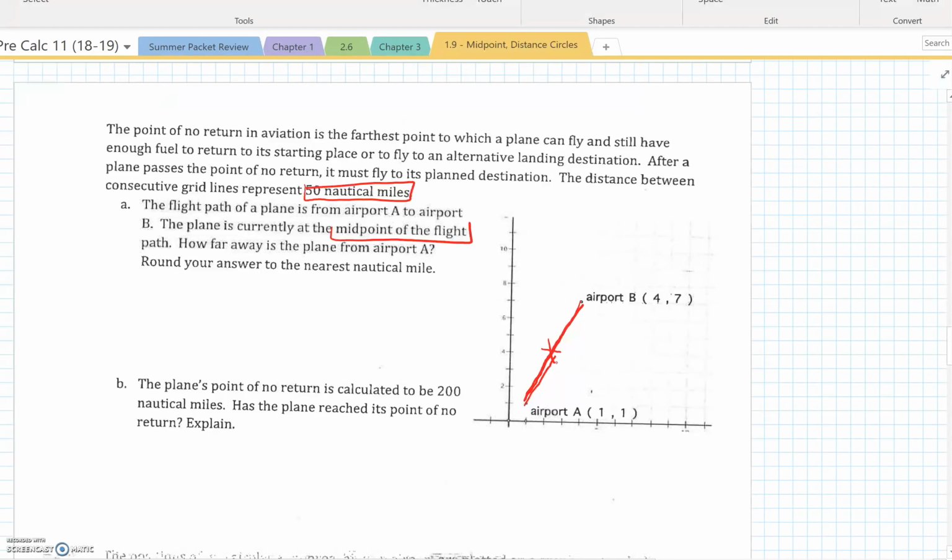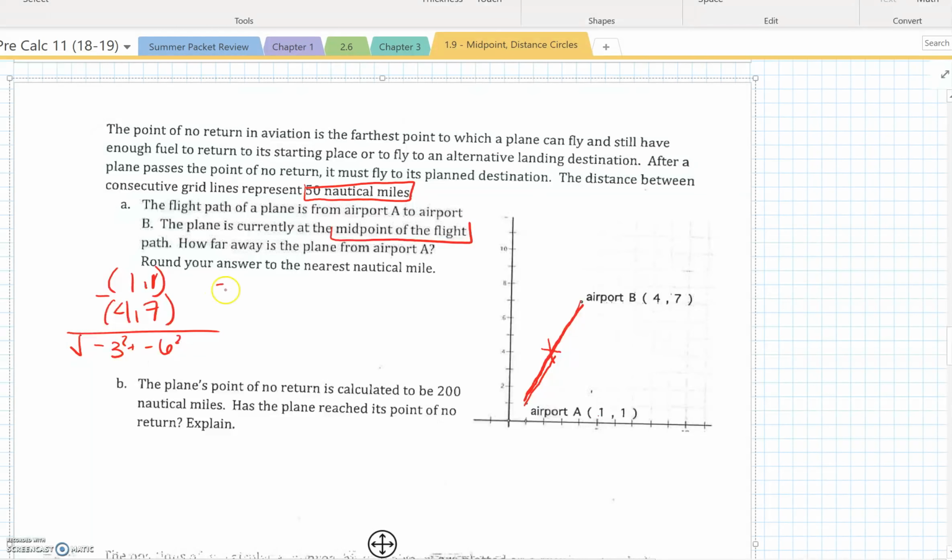So if we first figure out what the distance is between (1, 1) and (4, 7), right now the plane is about root 45.